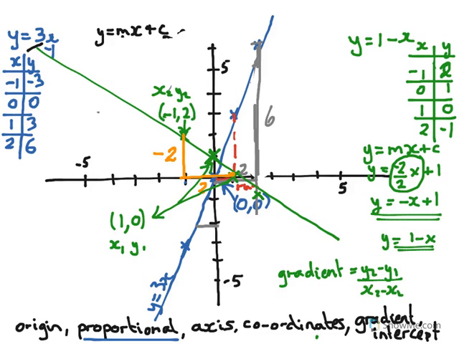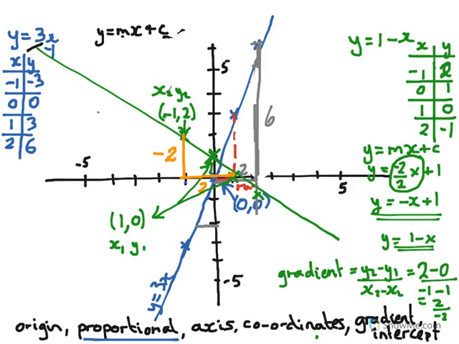In this particular case, y2 is 2 minus 0. x2 is minus 1, and x1 is 1. So we get 2 divided by minus 2, giving us minus 1, a negative gradient. So every straight line that goes backwards will always have a negative gradient.